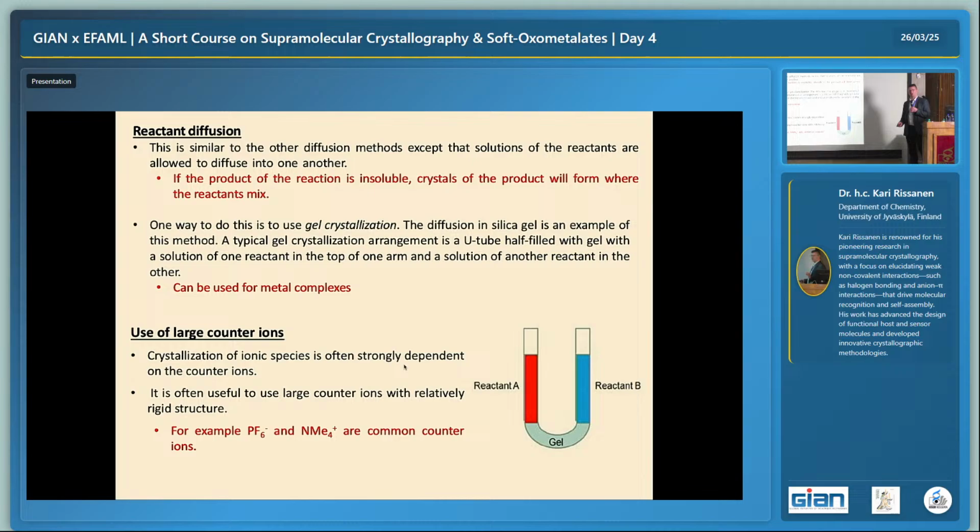PF6 is a very nice non-coordinating anion, because if you have a metal complex, sometimes you don't want the anion to be coordinated to your metal complex. And if you have an anionic system you want to crystallize, when you use alkali or any metal cation, it will coordinate to your anion in the solid state.